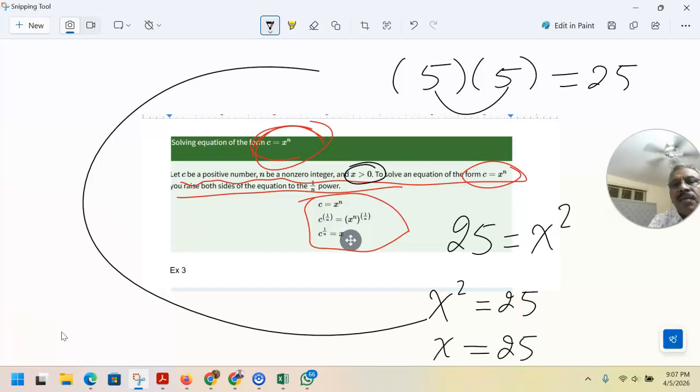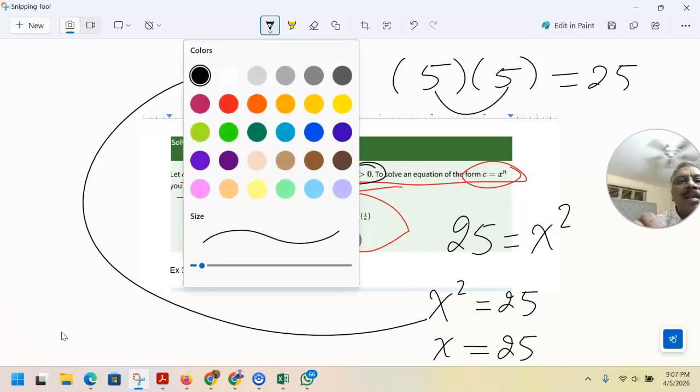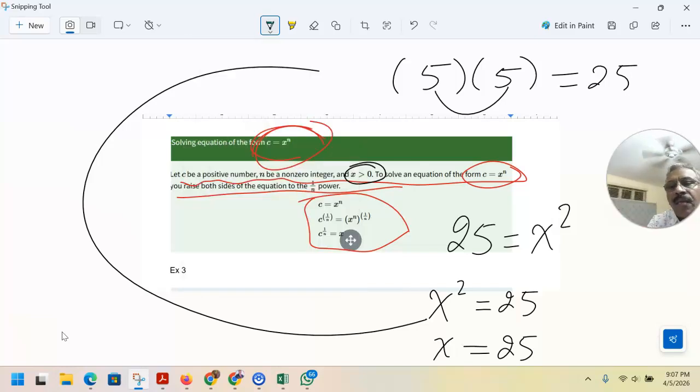Now instead of this, we use another second method. If you have this, the next step you write everything the same, but you put parentheses and raise both sides to the power of half.